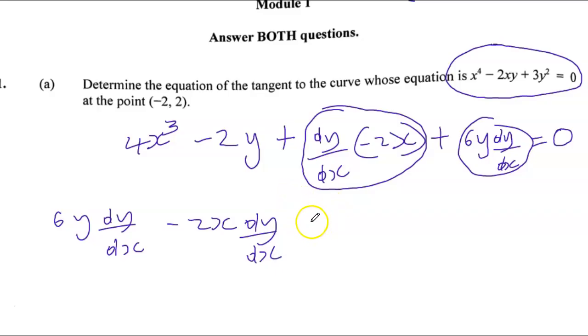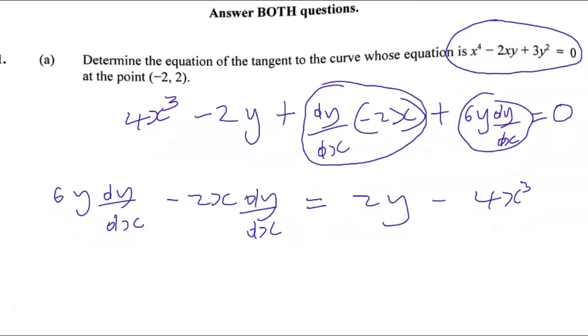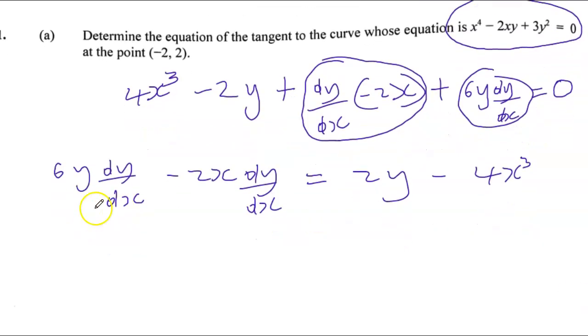And I'll group the other terms now on the right hand side. So negative 2y is now positive 2y, and 4x cubed grouped on the other side is now negative 4x cubed. So we're solving for dy by dx, so I can factor out dy by dx from each term. So factor dy by dx from the first term, where I'm left with 6y.